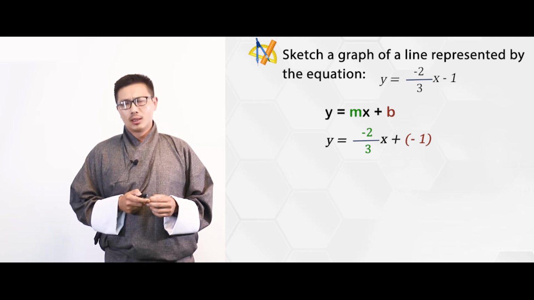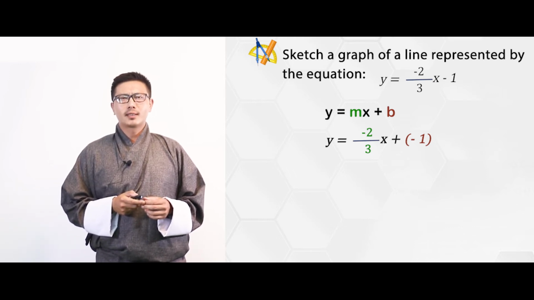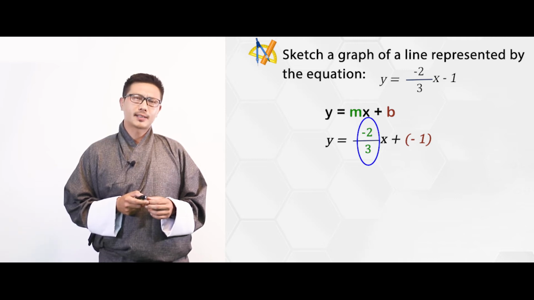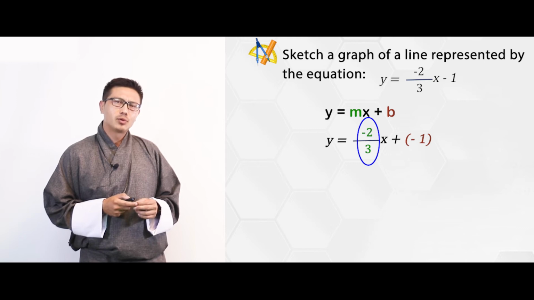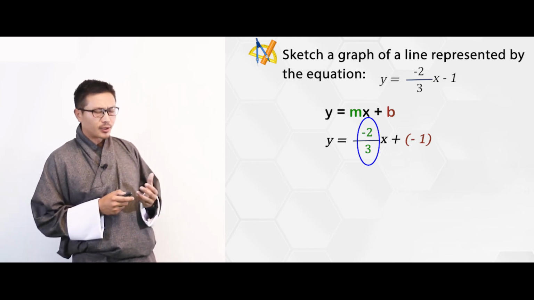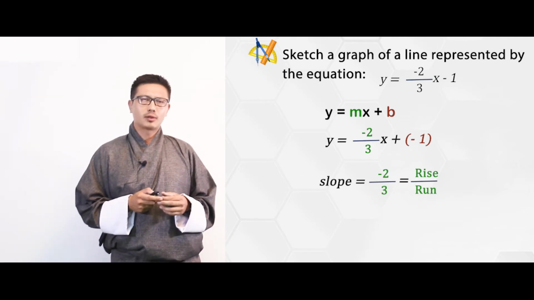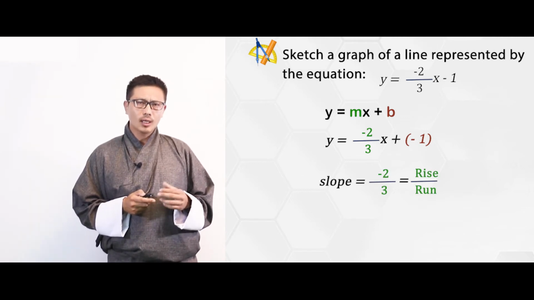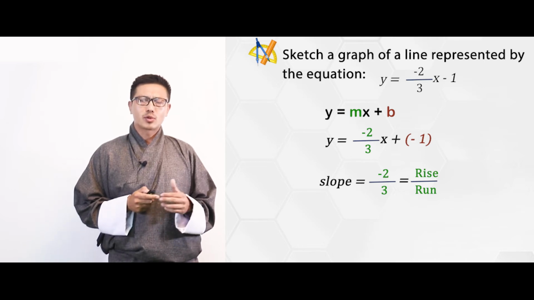So now, if we compare them, let us look at the x term and the coefficient of the x term. As the coefficient of x, we have -2/3, and this represents the slope of our linear graph. And as the y-intercept part, we have -1.